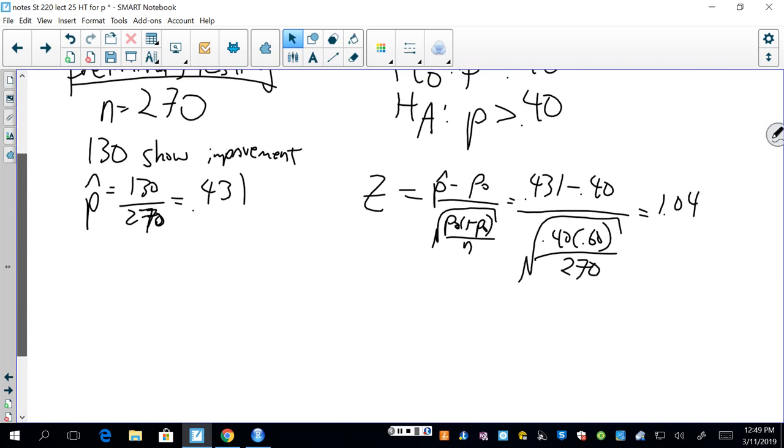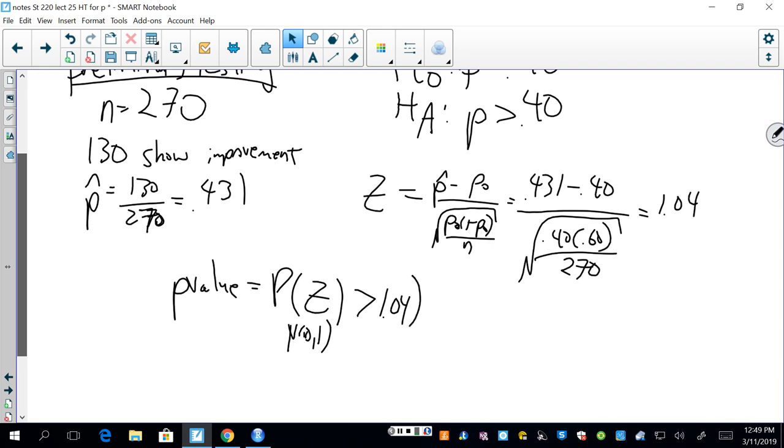The p-value is going to be the probability that a standard normal (0,1) is greater than that 1.04. And that probability is about 16%.